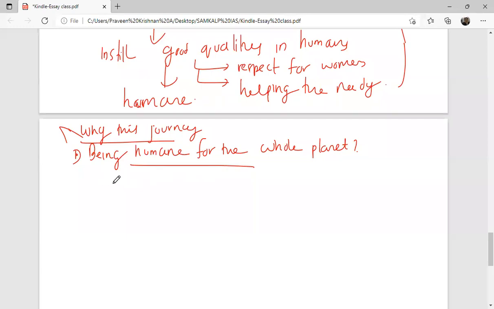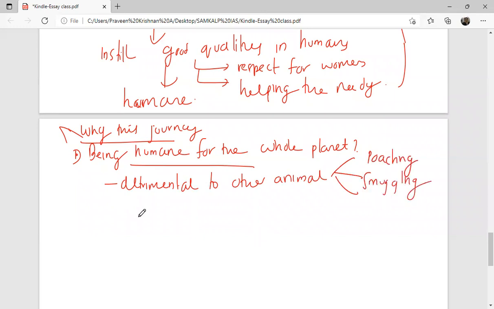Why? Because humans are involved in a lot of activities that are detrimental to other animals. There I can again expand it into different things like poaching or smuggling of animals, different things.